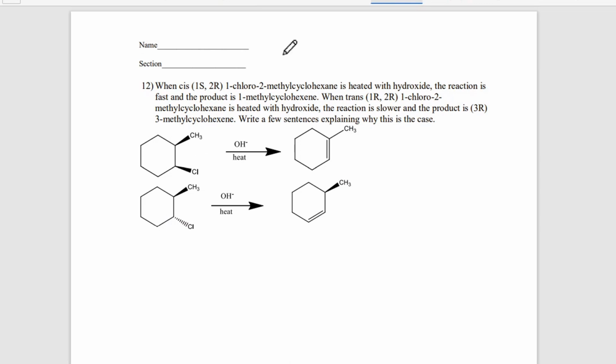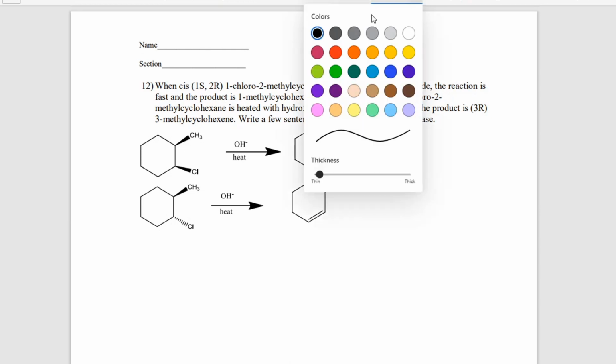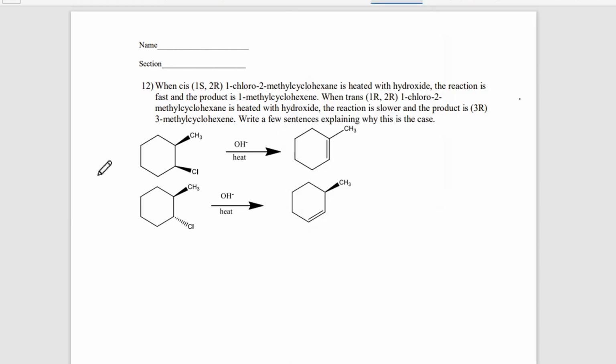So, anybody have any ideas before I go ahead and explain this? The chlorine is a good nucleophile, and the leaving group. Chlorine is the leaving group, that is correct.